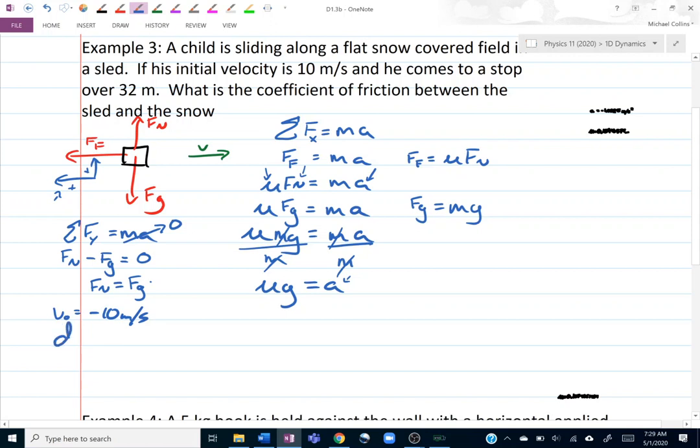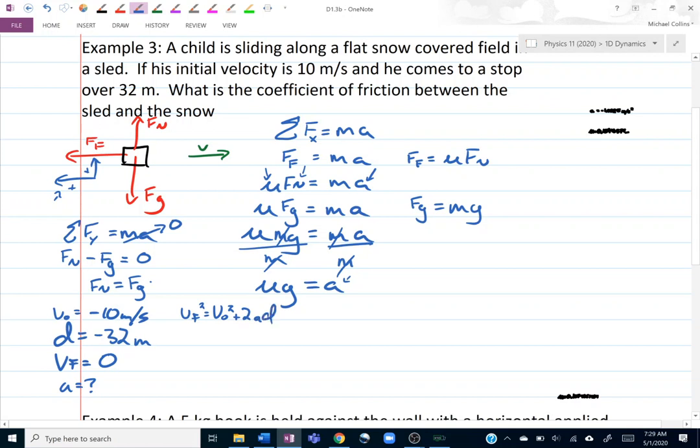And my displacement is also going to be negative 32 meters because I'm also displaced to the right. He comes to a stop, so my final velocity is 0, and I'm trying to find my acceleration. I think for this one I can use Vf squared is equal to V naught squared plus 2AD.